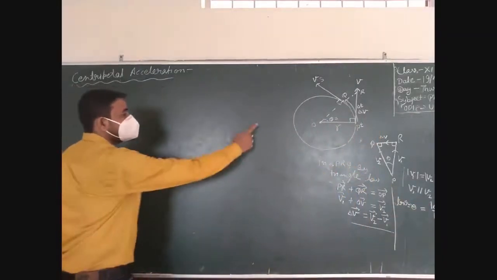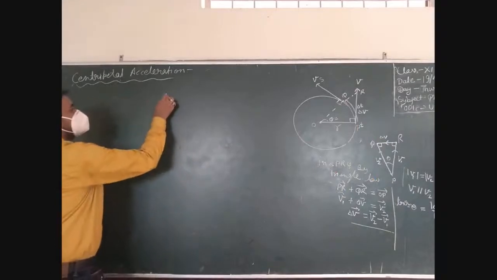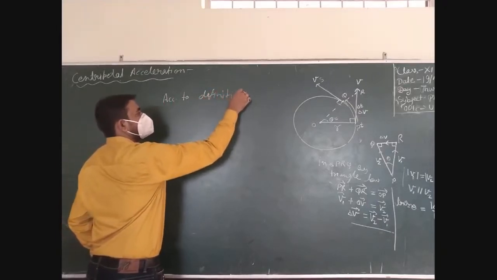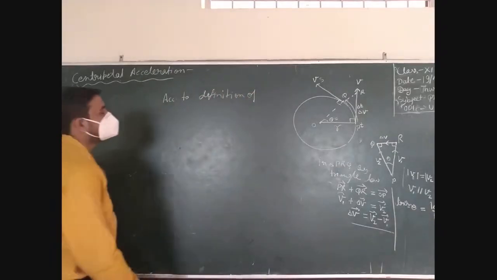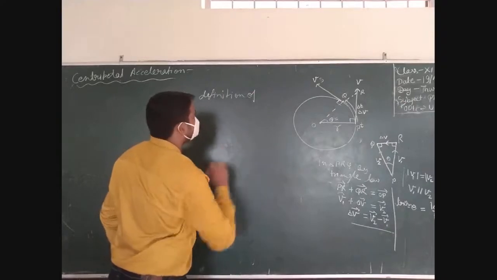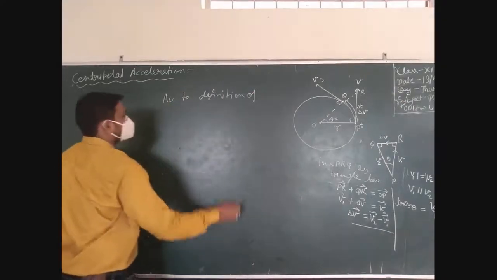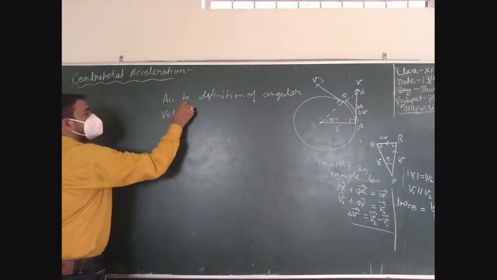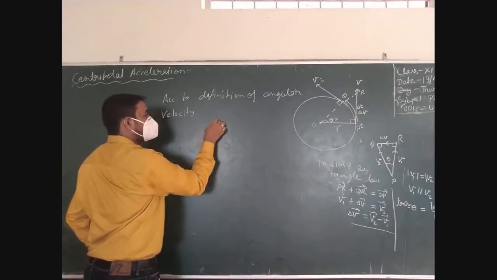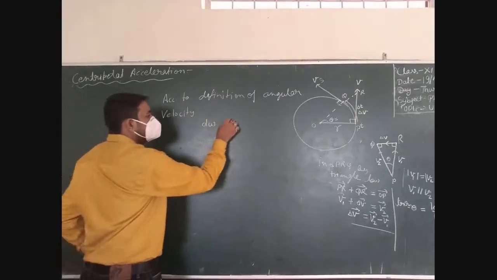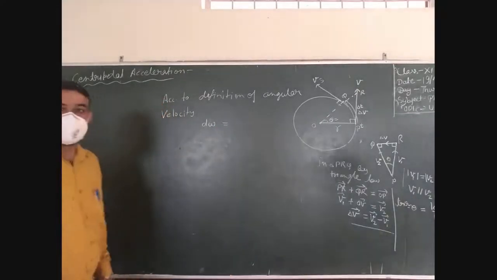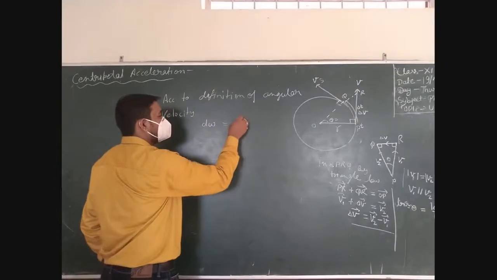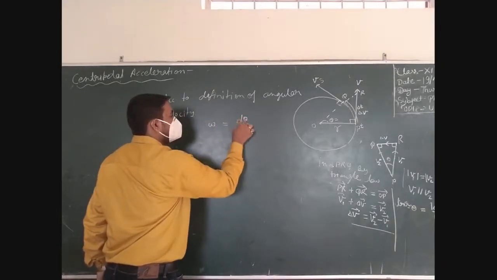Now see here, according to the definition of angular velocity, the angular velocity omega is the rate of change of angular displacement, that is d theta upon dt.